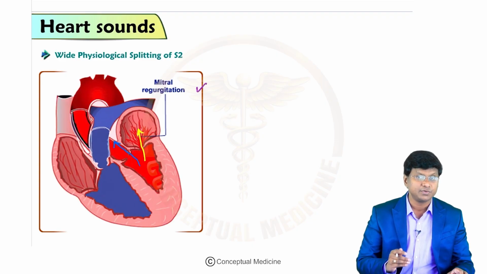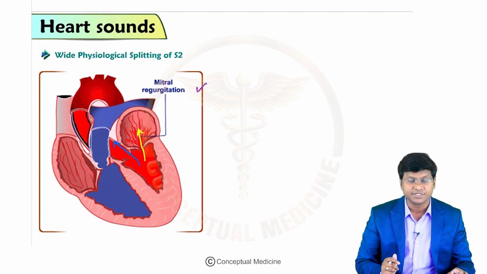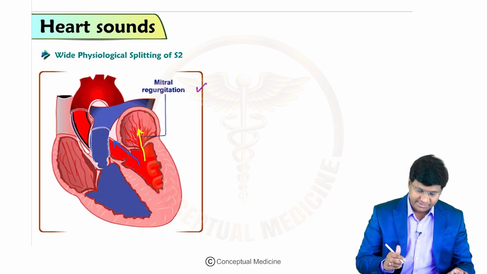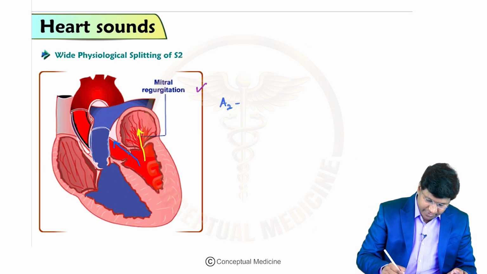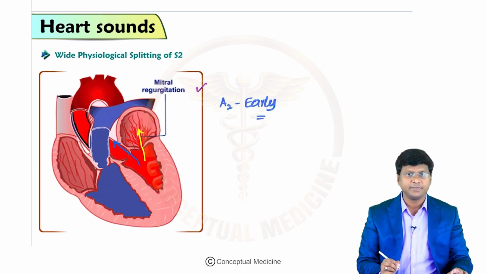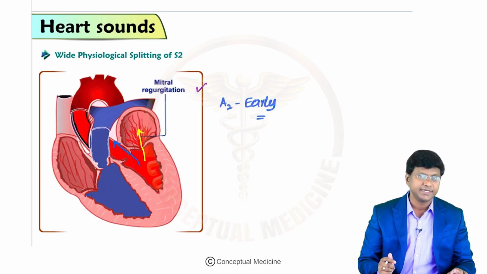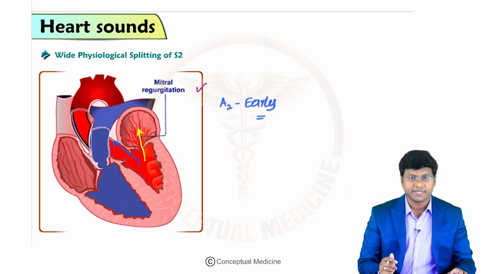Compared to normal, the quantity of blood which enters into the aorta will be less. So the A2 will be early, because a lesser quantity compared to normal is entering into the aorta. So the aortic valve closes early, resulting in the early A2.